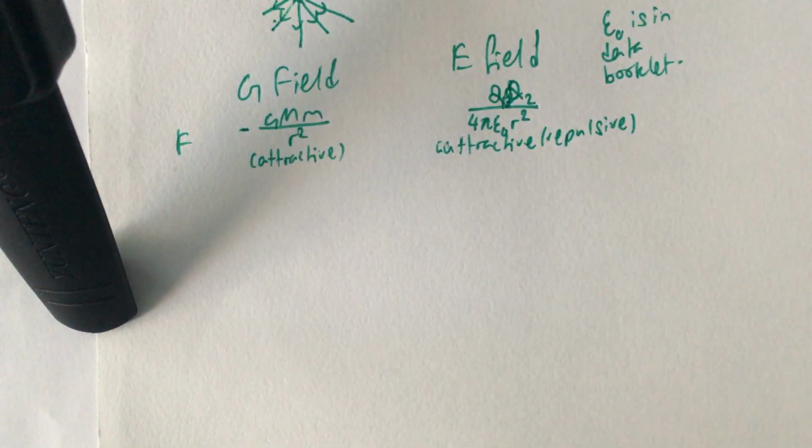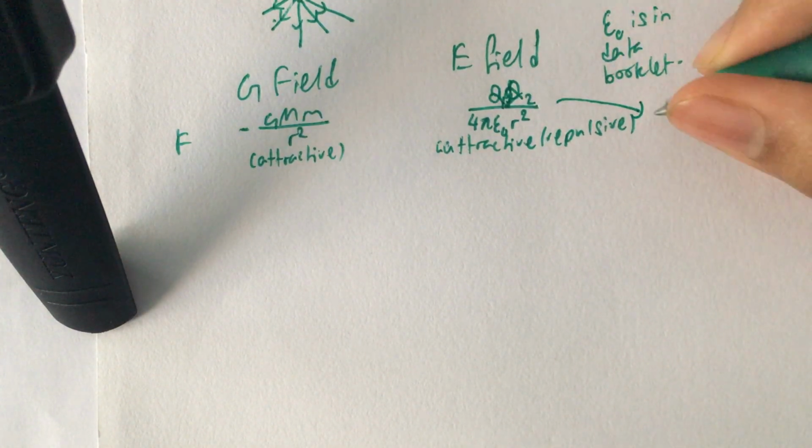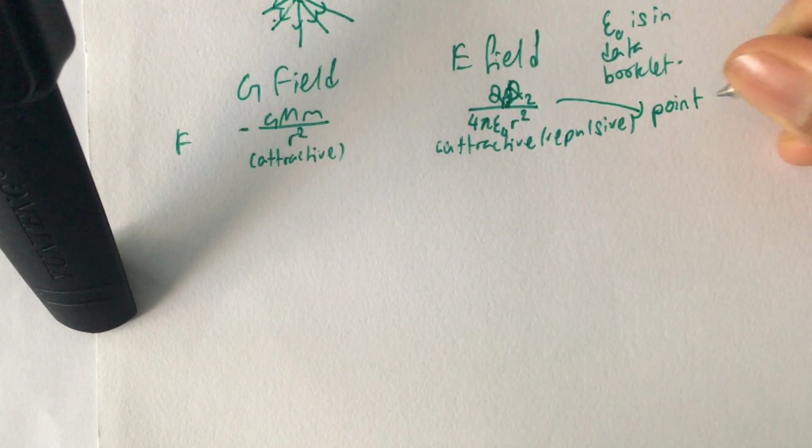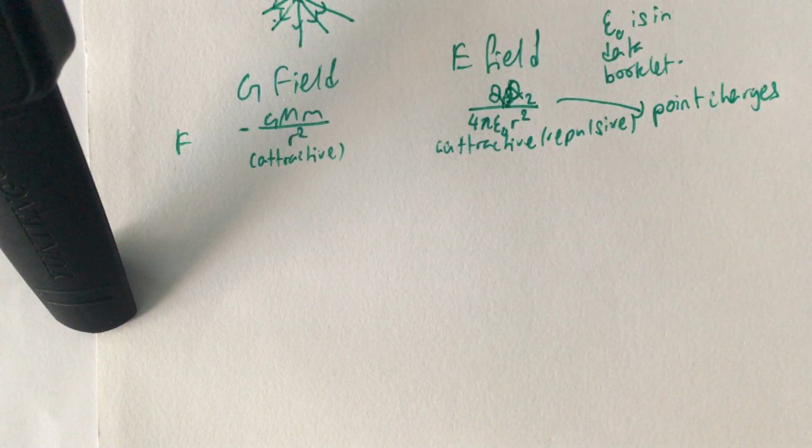So this formula, force equals q1 q2 over 4 pi epsilon naught r squared, is for the electric force between two point charges in free space or air. Because in gravitational field, we look at spherical bodies, right? Here also we imagine them as spherical little points that exert electric force onto each other, in a sense.